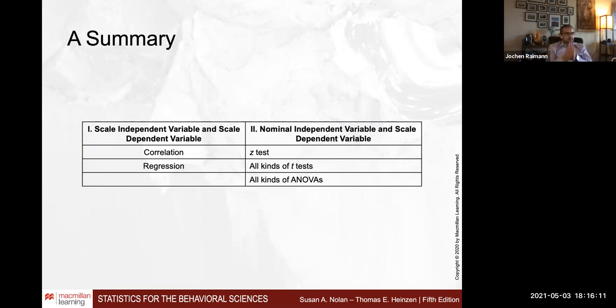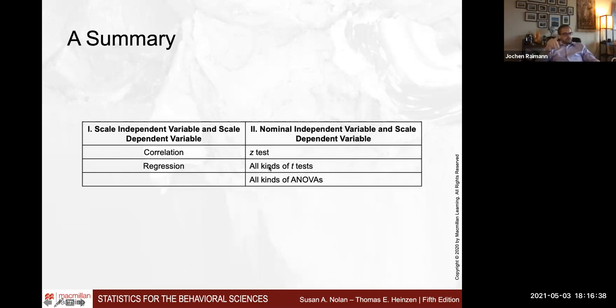This is the scenario where you have blood pressure on the y-axis and two groups on the x-axis, male and female. That's a nominal variable, right? So this is the nominal independent variable on the x-axis and the scale dependent variable on the y-axis. So there's a t-test with a beautiful normal distribution. There are all kinds of t-tests, which follow a normal distribution.